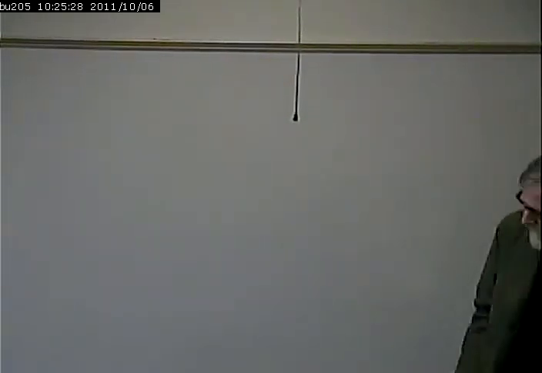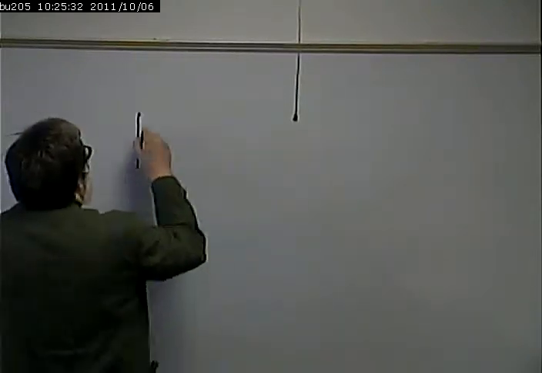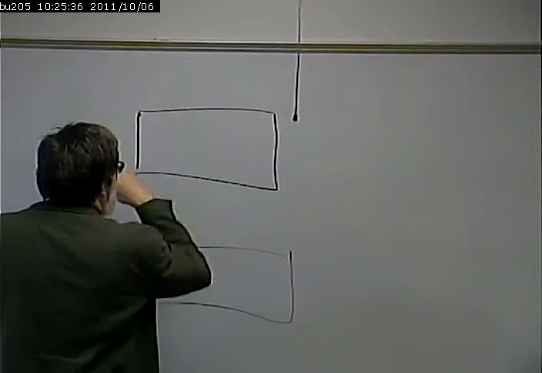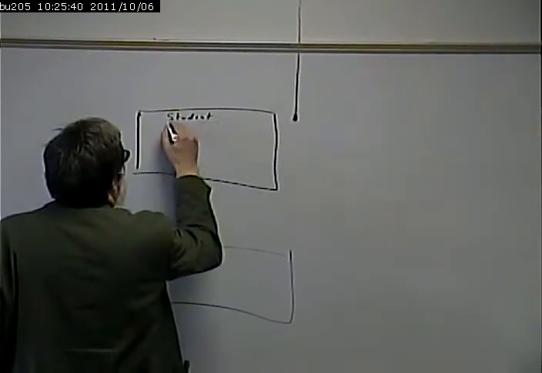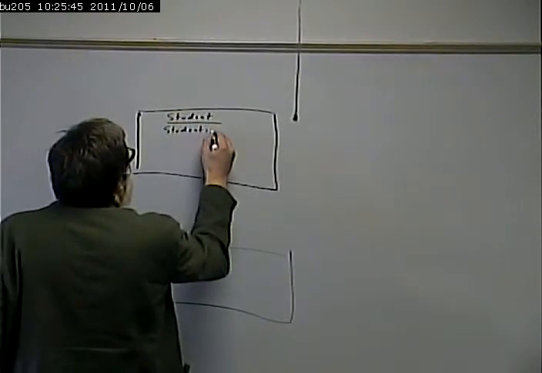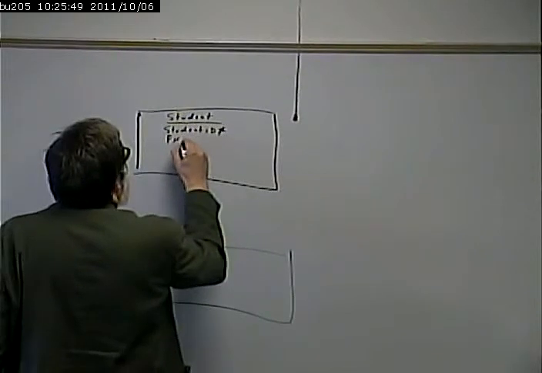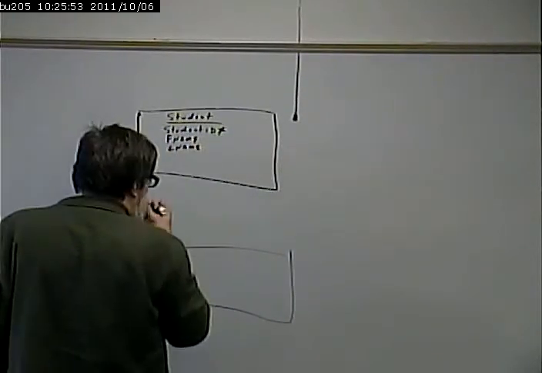All right. We left off last time discussing foreign keys. And we said that foreign keys work something like this. If you had a student table, let's say, that is likely going to have a primary key of student ID and might have the first name, last name of the student.